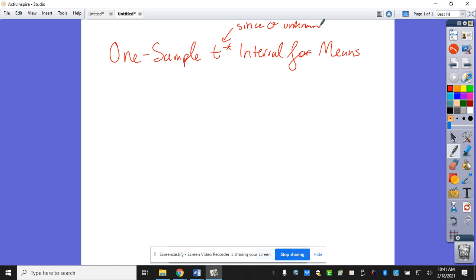My first condition is random. So stated random sample as opposed to random assignment. The next condition is normal.